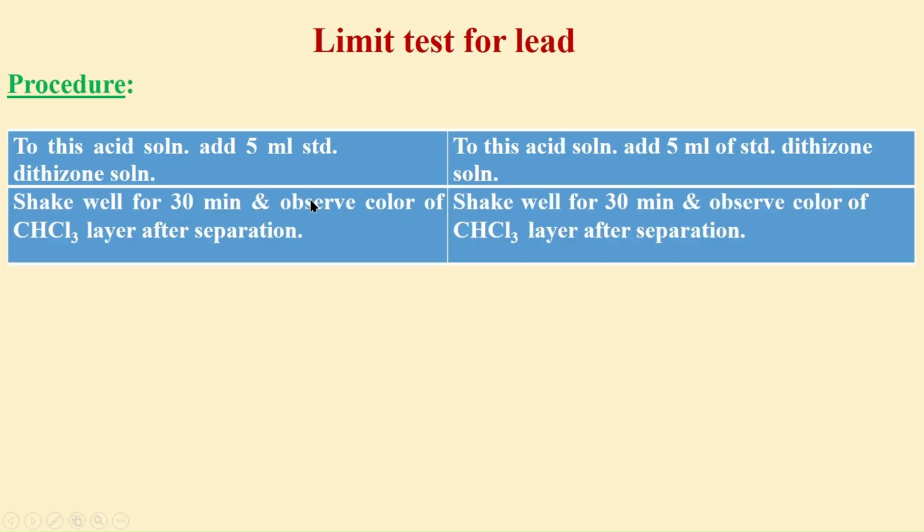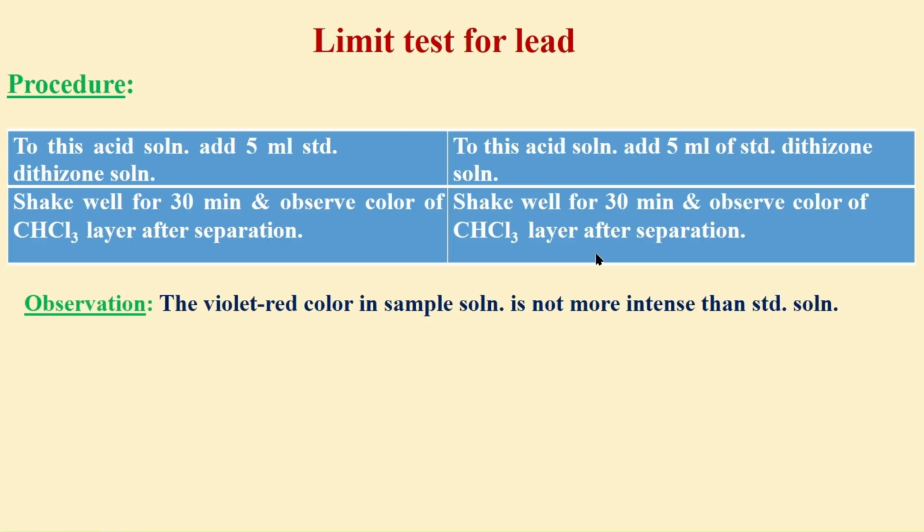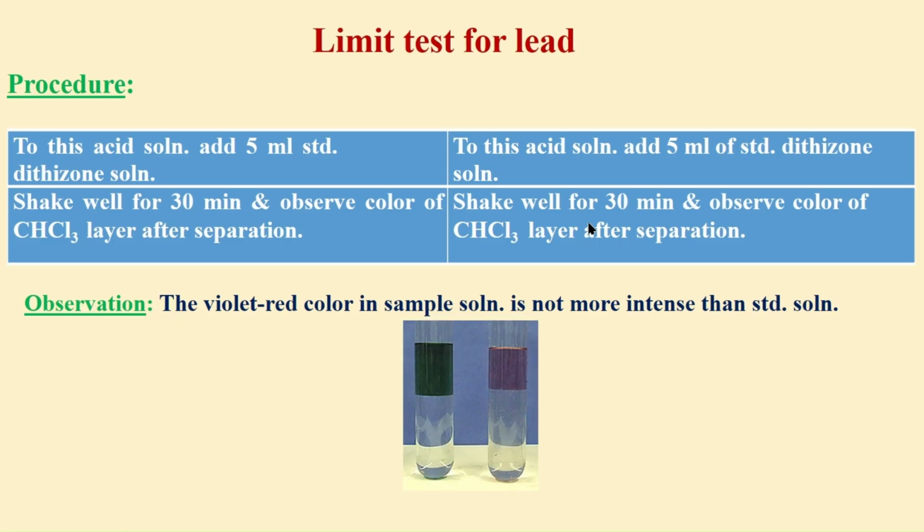We keep it aside for 30 minutes and observe the violet red color formed in the organic layer. Then we compare that color with the standard solution. If the violet red color formed is lesser in intensity than that of the standard solution, then it passes the limit test for lead. That indicates the lead is within the prescribed limit, that is less than 1 part per million.